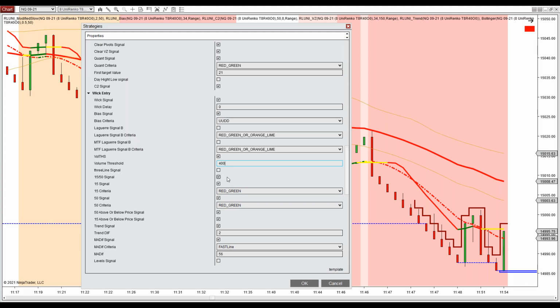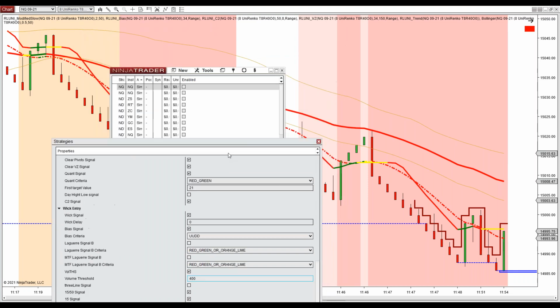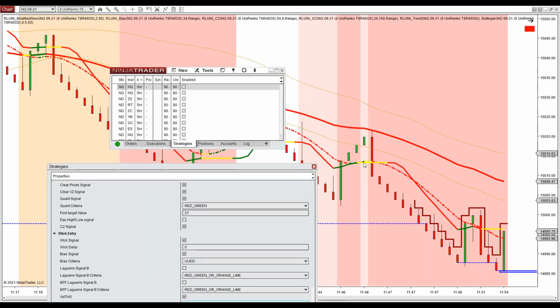Now, it's obviously going to respect the 15 and the 50. 15 has to have crossed the 50 and be down. 50 has to be red and down.